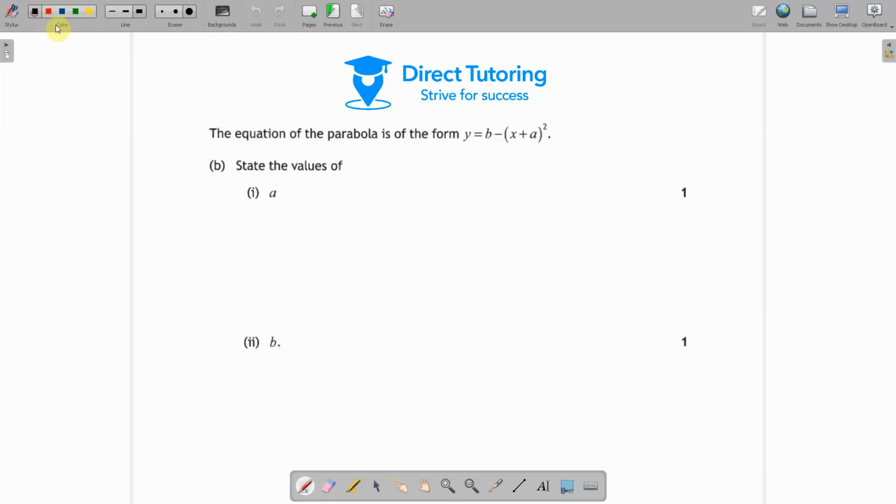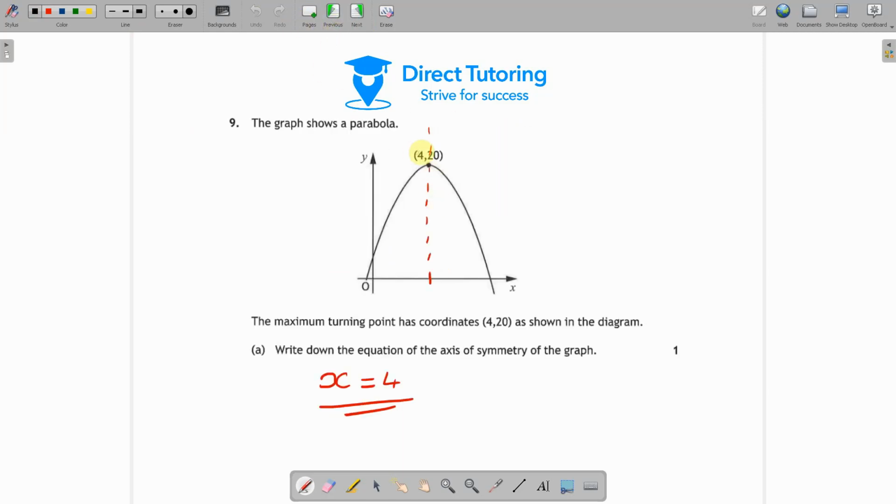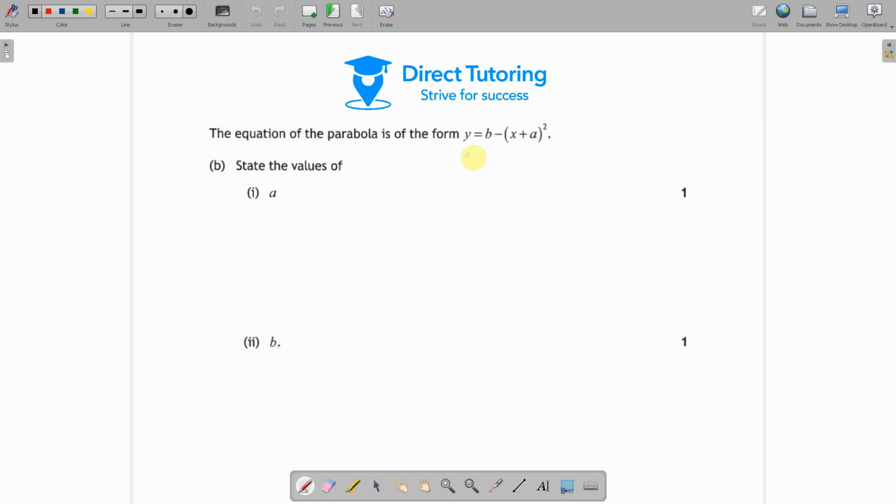Now, part B says the equation of the parabola is in the form y equals b minus (x plus a) squared. State the values of a and the value of b. Now, the value of a inside the bracket. If we look back at the equation, the 4 and the 20, the turning point gives us enough information to use here.